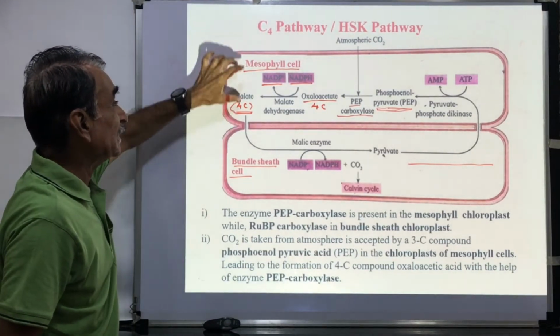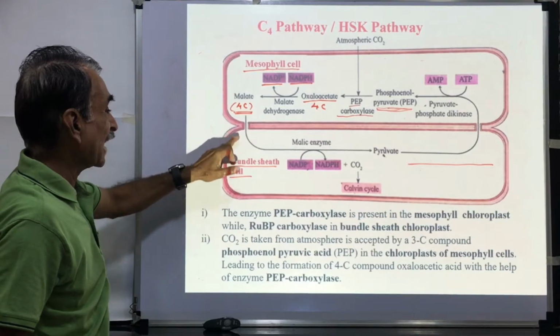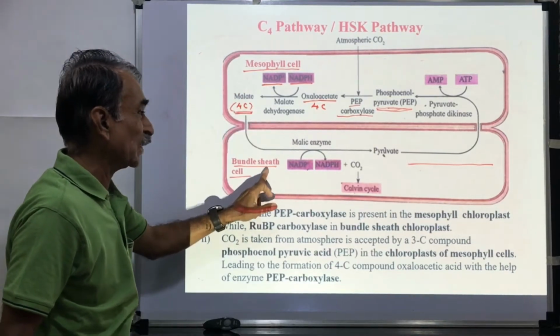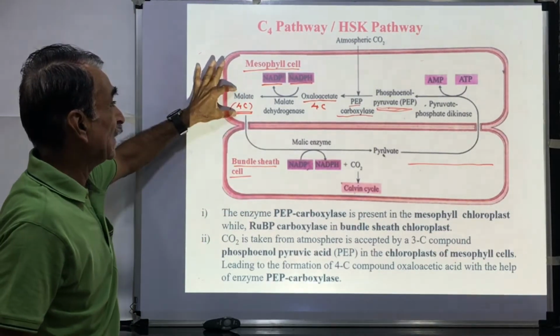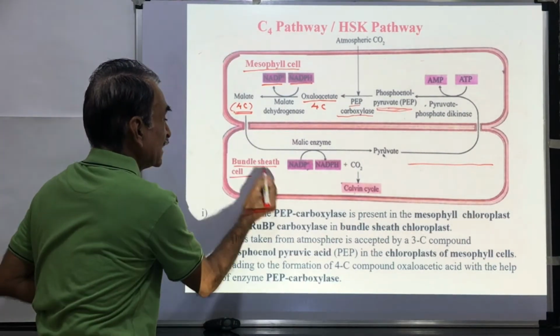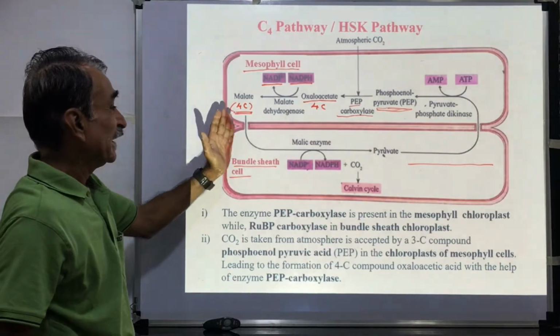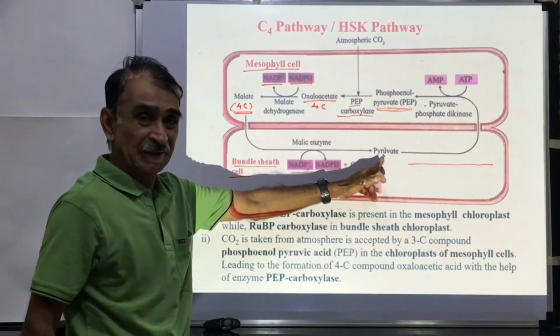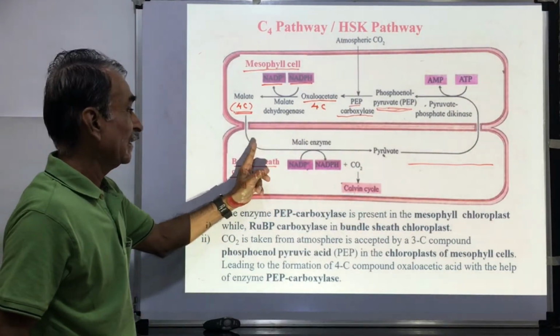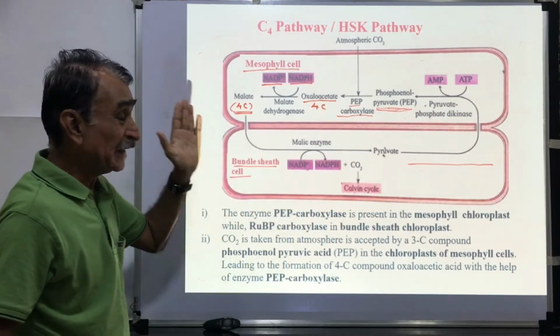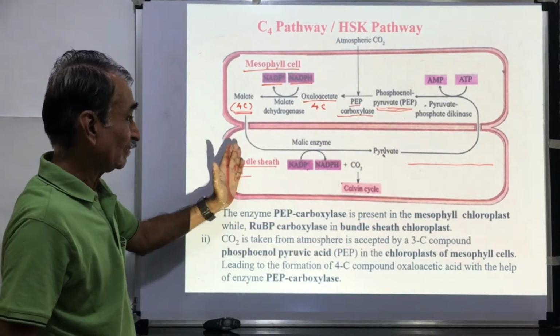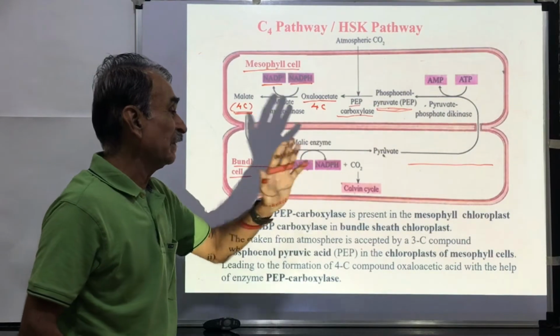Malate, which is produced in the mesophyll chloroplast, is transferred to the bundle sheath cell. In the bundle sheath cell, malate is converted into pyruvate. In this reaction, malic enzyme is used.